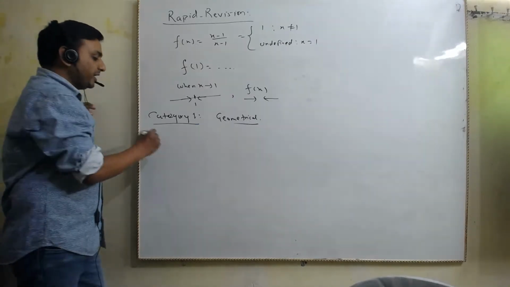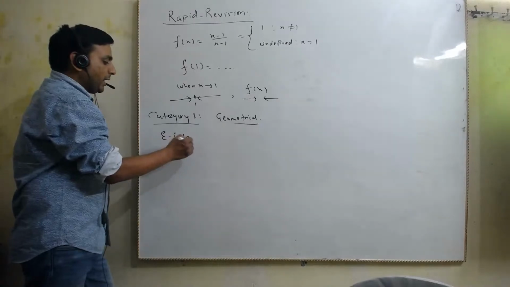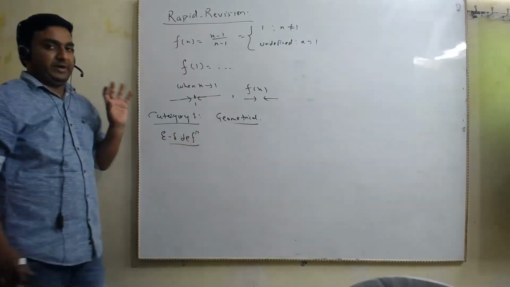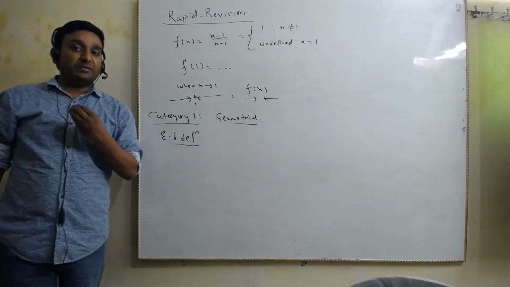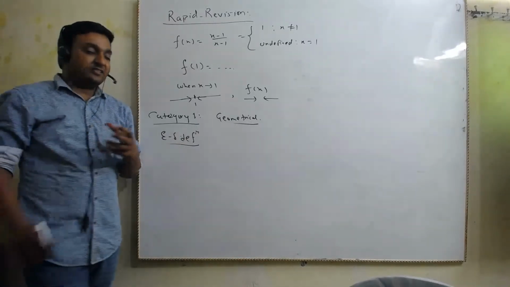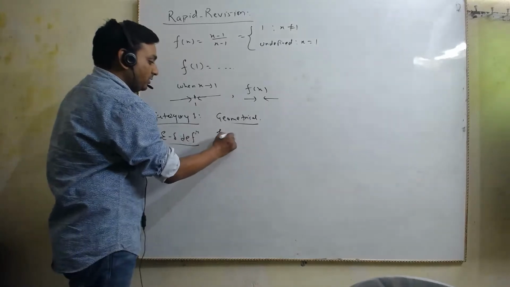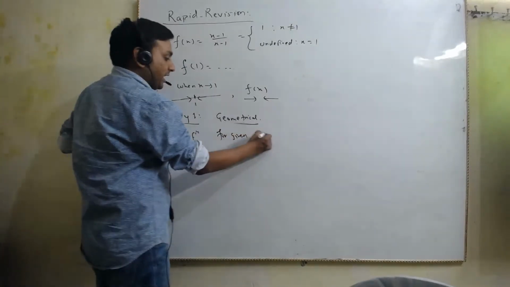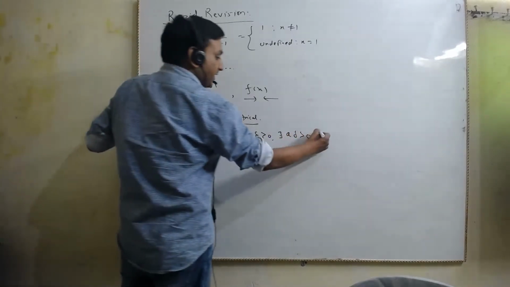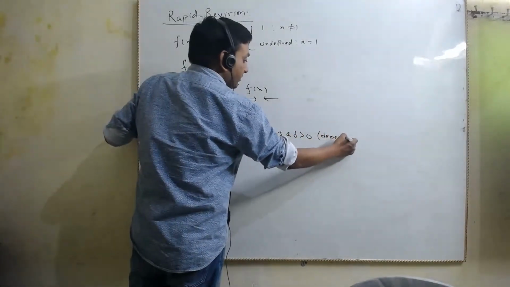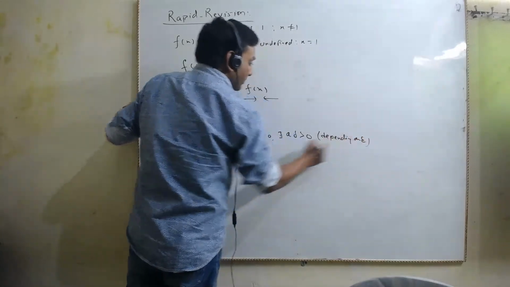So I also made you learn very beautifully the epsilon delta definition of limit. When I talk about the epsilon delta definition of limit, what does that mean, dear? That means for given epsilon greater than 0, you want to find a delta that is depending on epsilon.